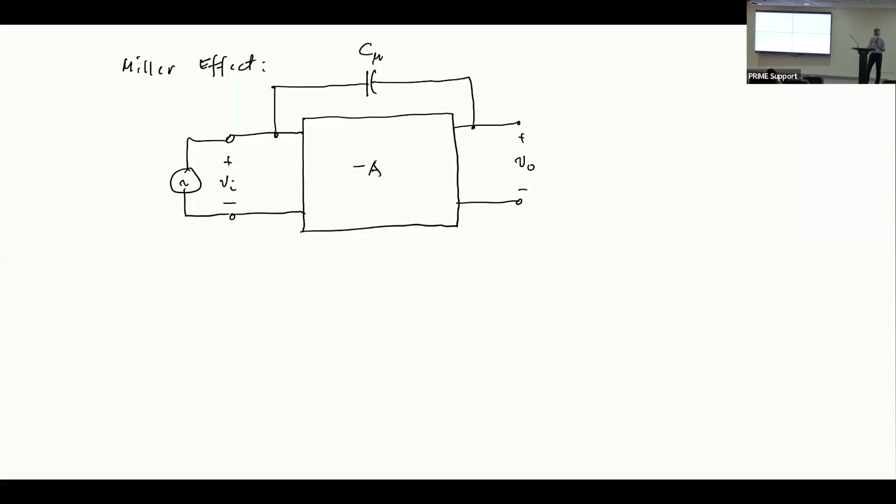You have a certain current here. Let's call this I sub X. If I sub X is approximately 0, let me compute for this.